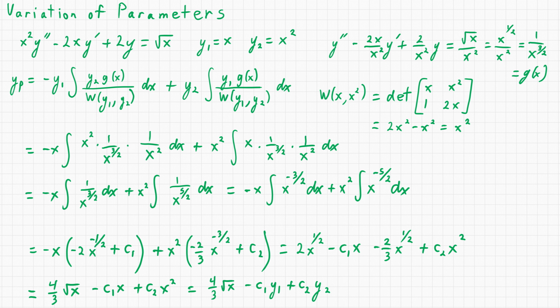If we just want to look at the particular, we can ignore those, and the new thing that came out for y particular is this 4/3 square root of x. If we were to write out the entire solution, we'd have the particular plus c1 y1 plus c2 y2. So these just pop out as you're doing the formula if you include constants from the indefinite integrals. But that's our particular solution, 4/3 times the square root of x.